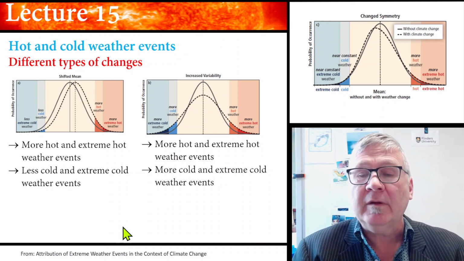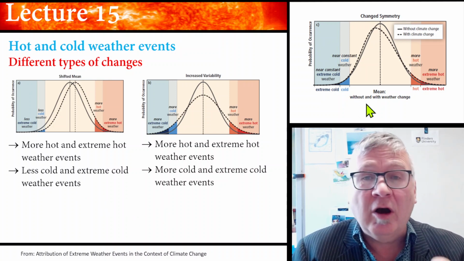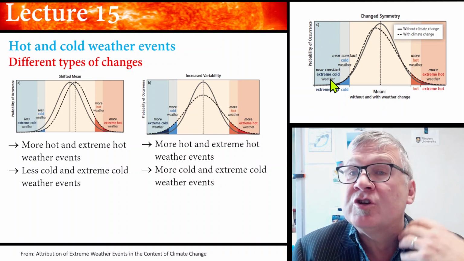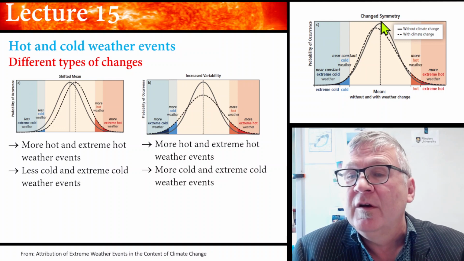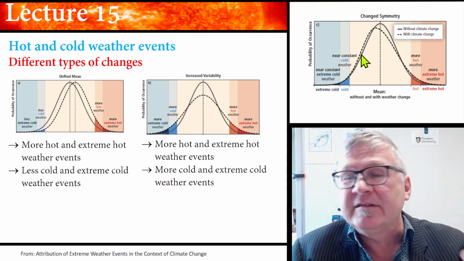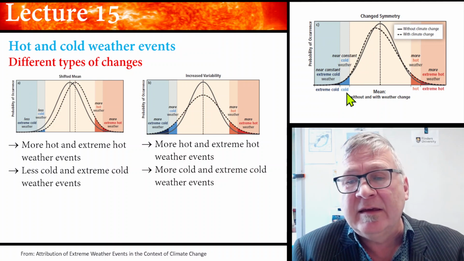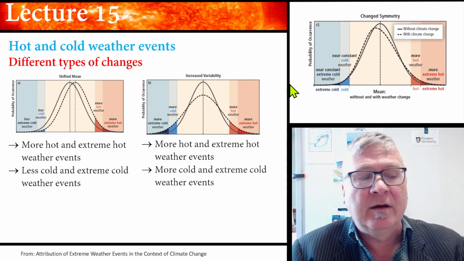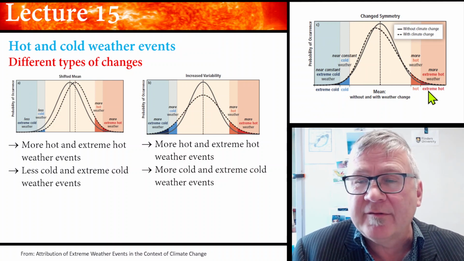What can also happen is that the shape of the distribution changes, which is shown here above my head. The black curve is the reference, and in this example you get no change in the extreme cold or cold weather events, but you get more extreme hot weather events.